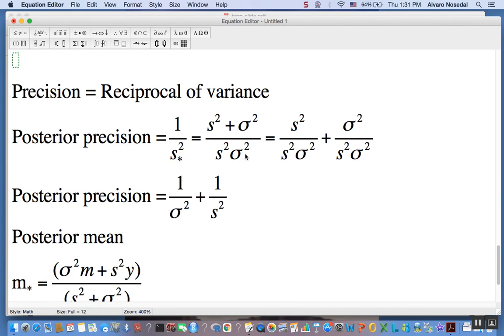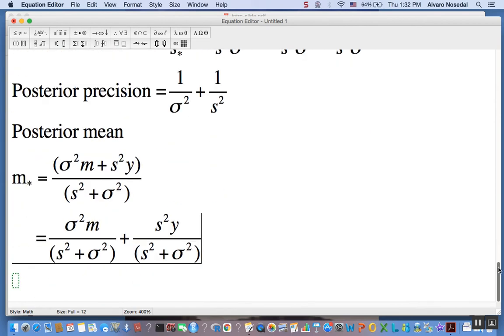Right? Are we clear on that? Okay. So, what I'm going to be doing here is, see, we have s squared plus sigma squared here divided by s squared times sigma squared. Can you see that we have that here, s squared plus sigma squared?